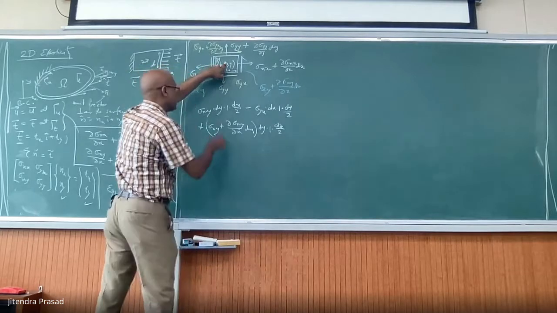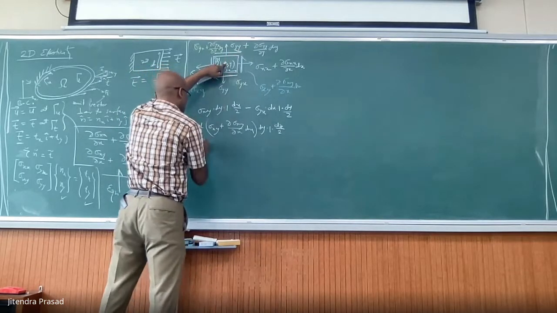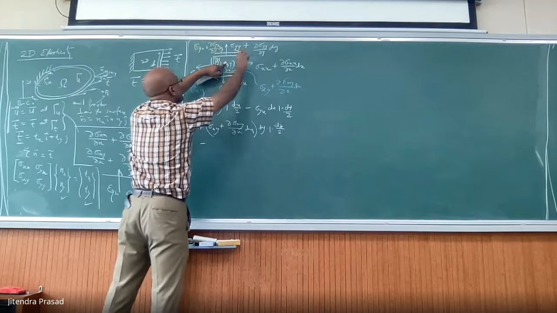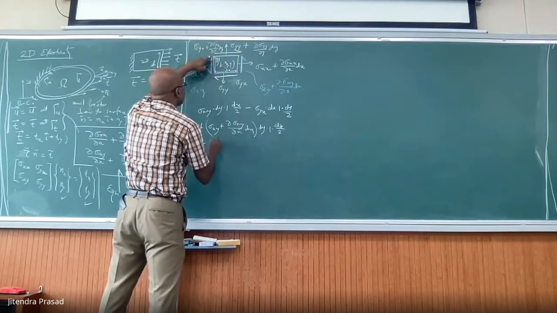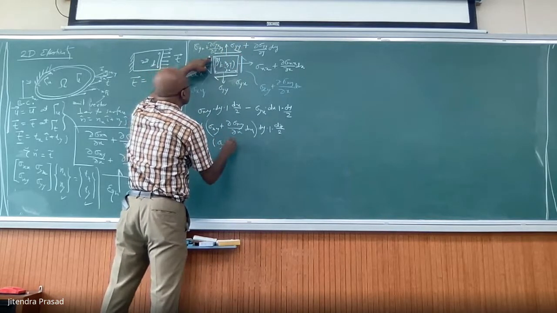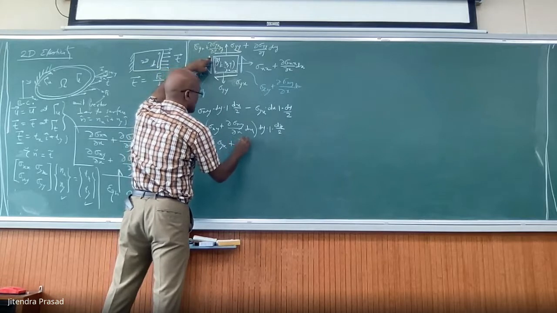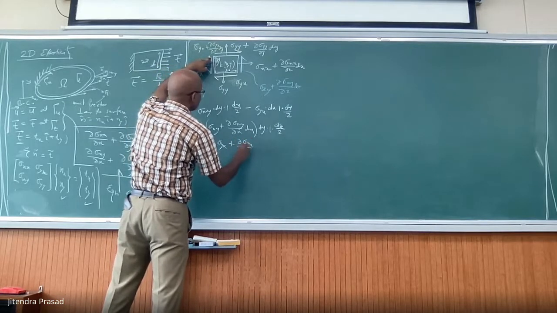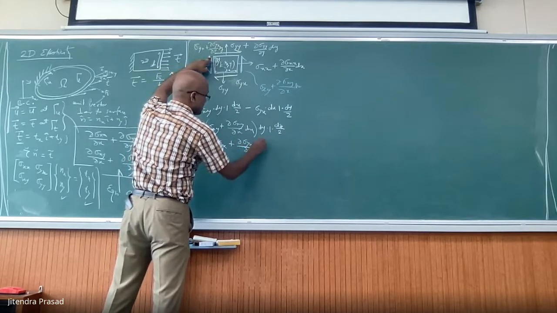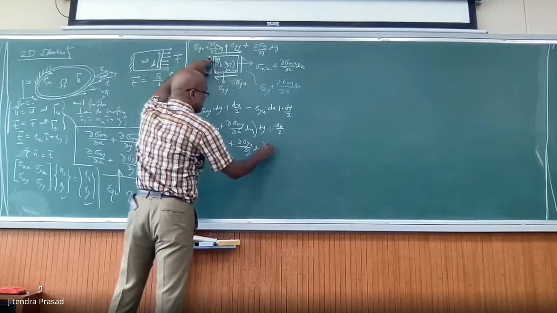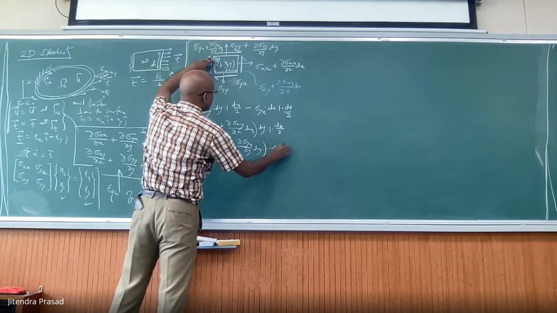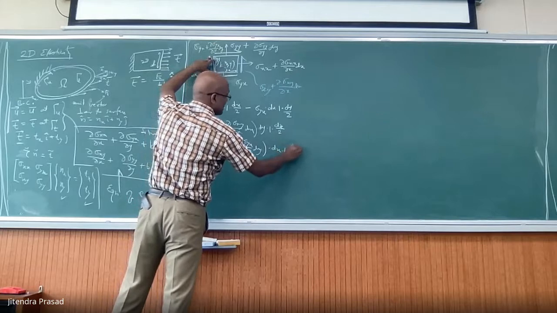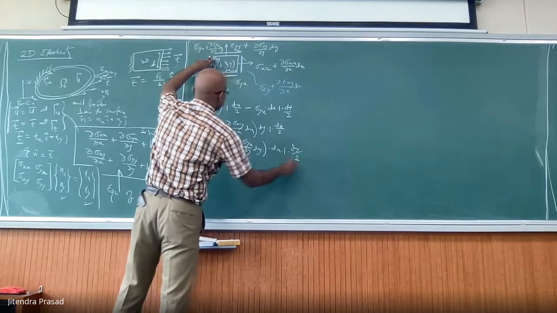Then we have this one also, the top one: sigma yx plus del sigma yx over del y dy, multiplied by dx multiplied by 1 multiplied by dy over 2.